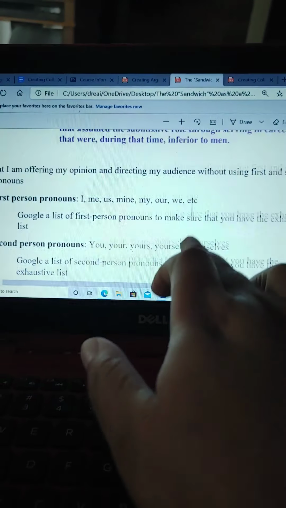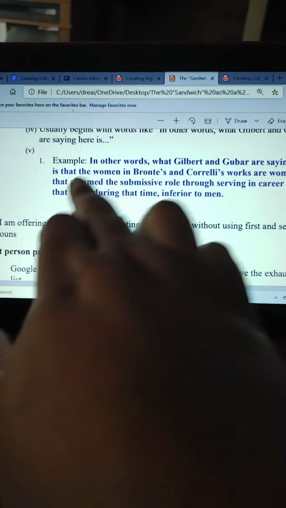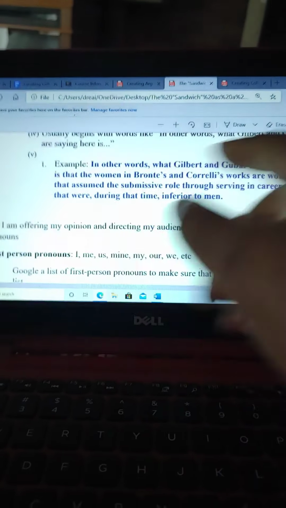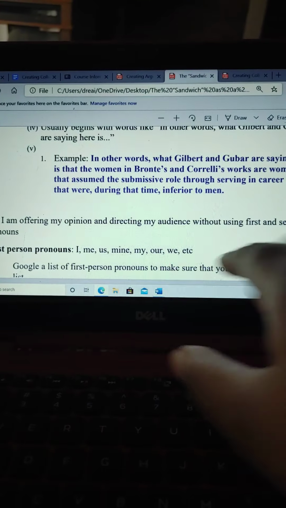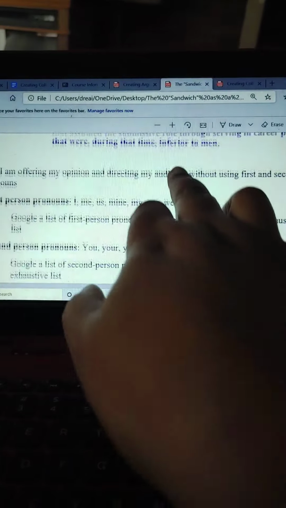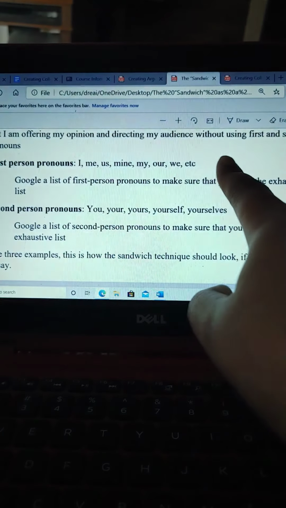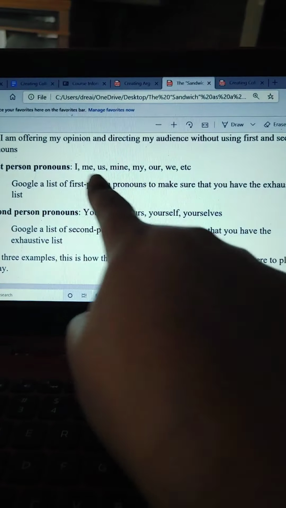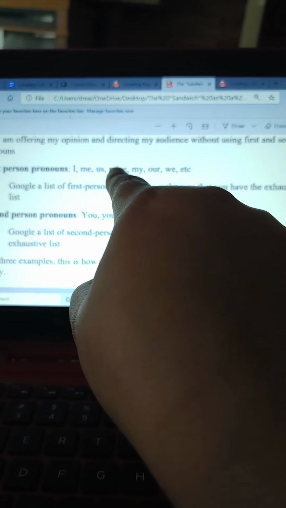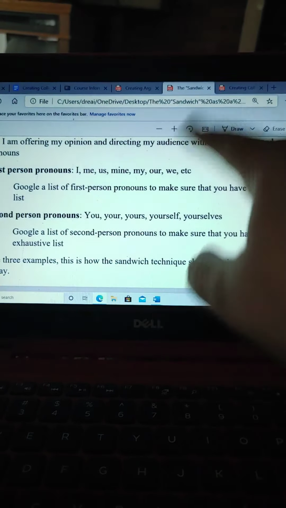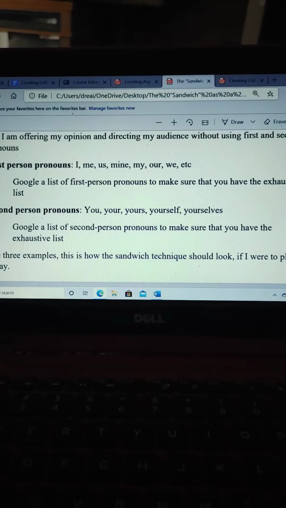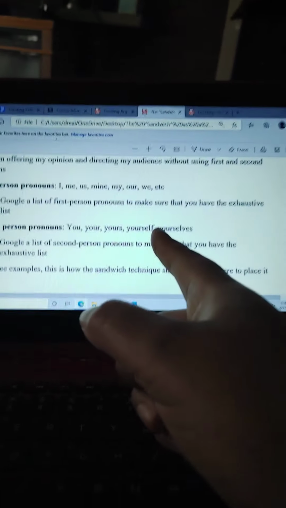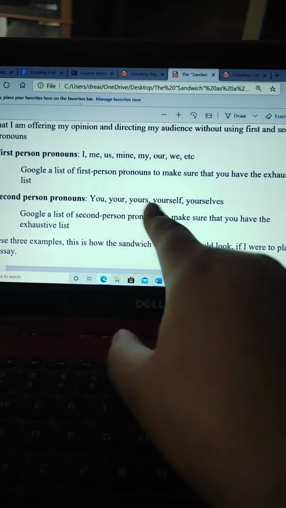Now, another thing you don't see me using here is "in other words, what I think Gilbert and Gubar are saying here is," and that's your first and second person pronouns. Here is a small list of first and second person pronouns: I, me, us, mine, my, our, we, etc. If you want an exhaustive list, I would suggest that you go to Google and look for first and second person pronouns.